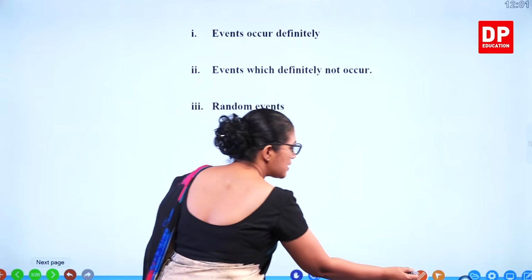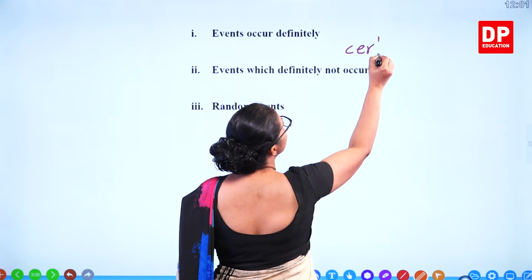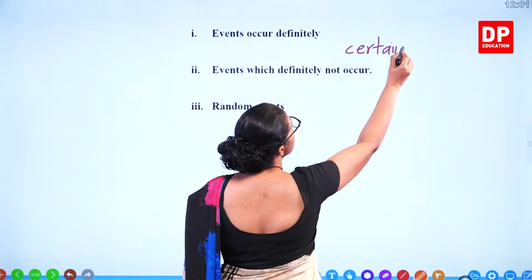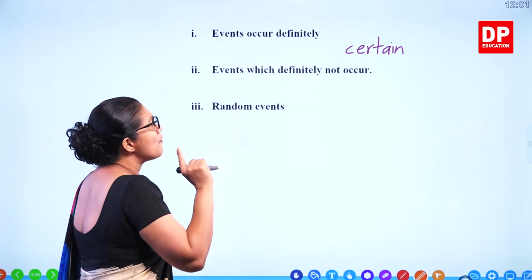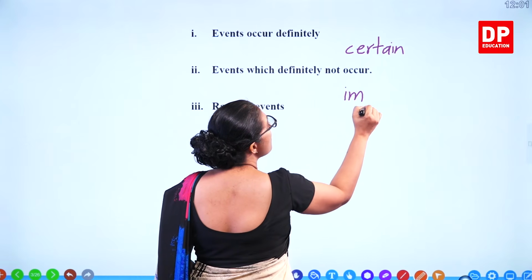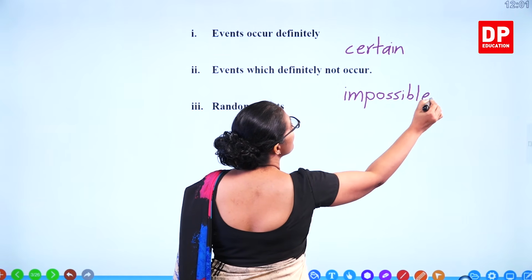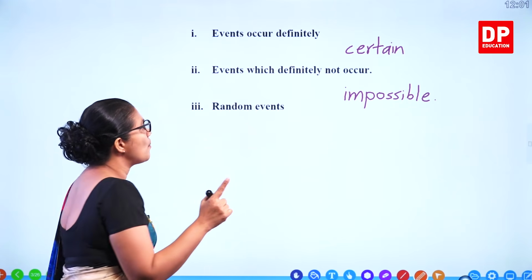Later you will learn this word, but remember: certain to happen. Events which definitely do not occur mean impossible to happen. Impossible. And here, random events.